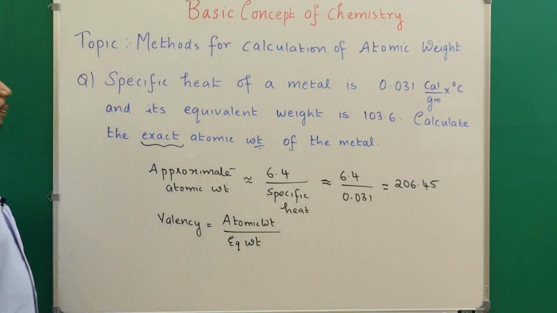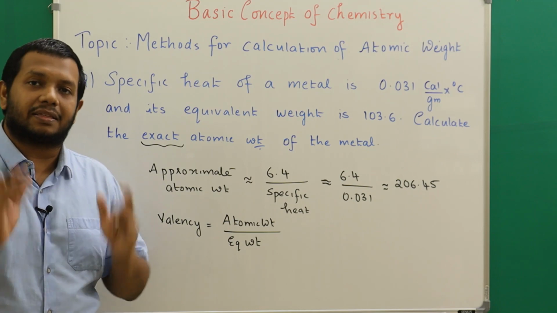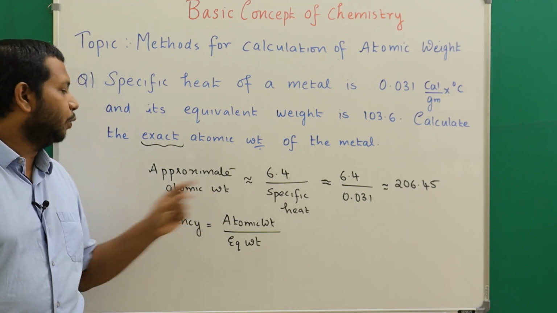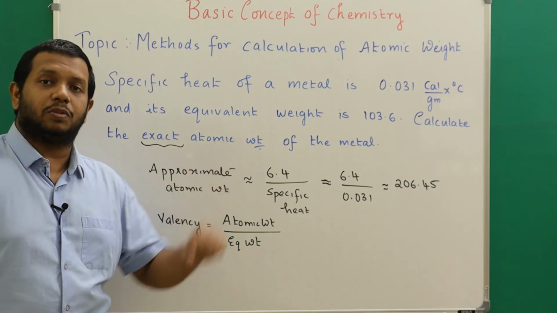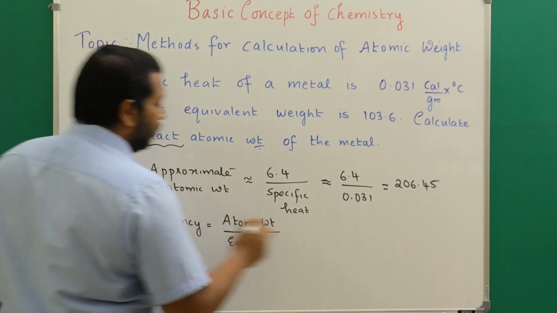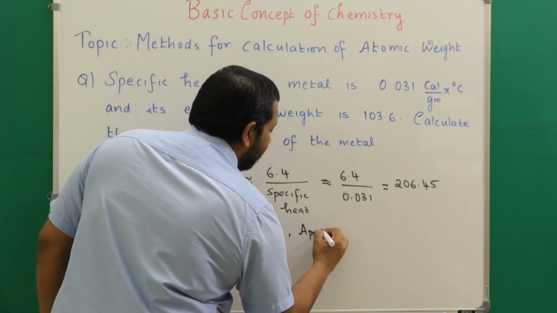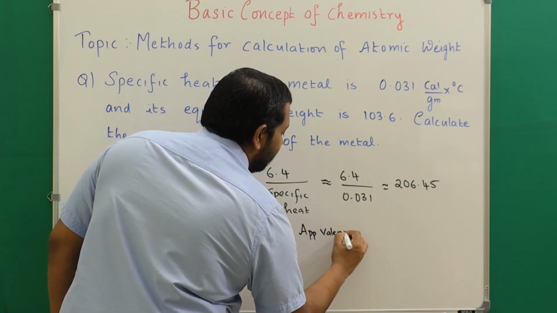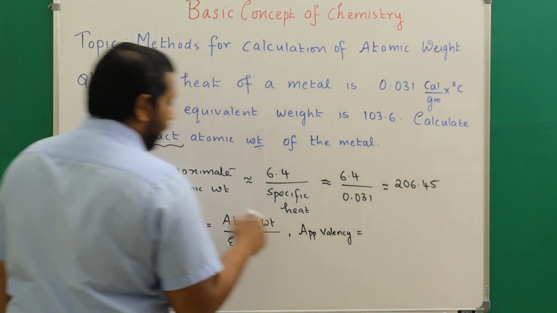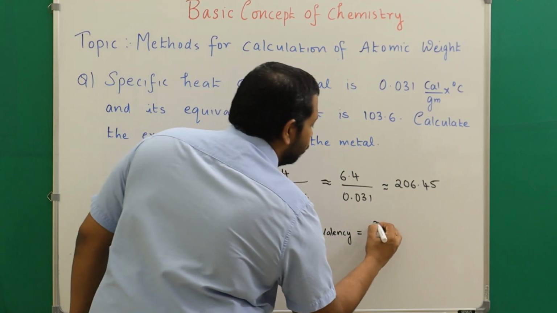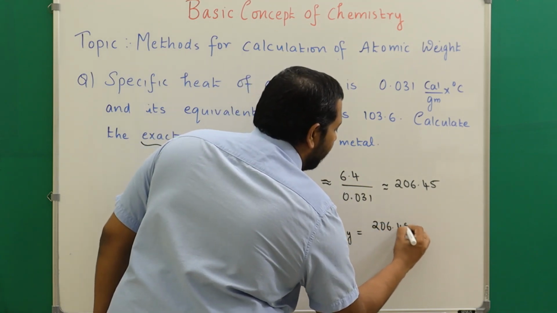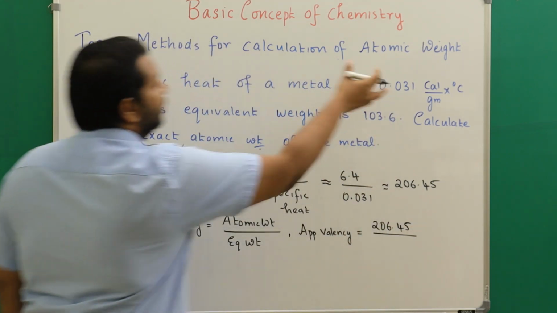But here is the problem, we don't know the exact atomic weight. So we will put here the approximate atomic weight. So this will become approximate valency, which is equal to approximate atomic weight, that is 206.45, divided by the equivalent weight.